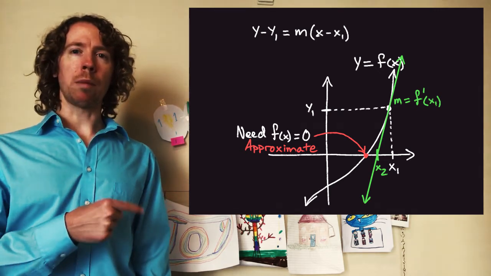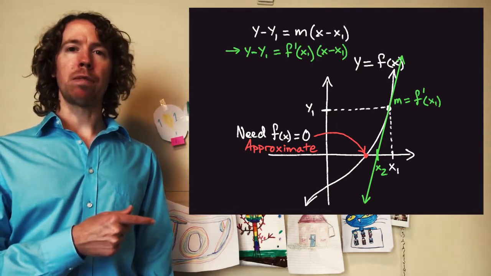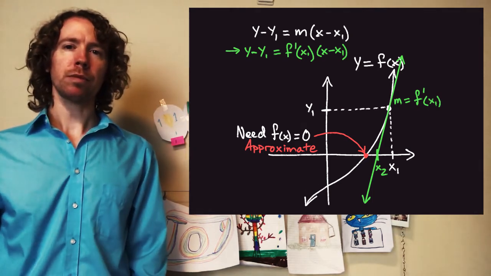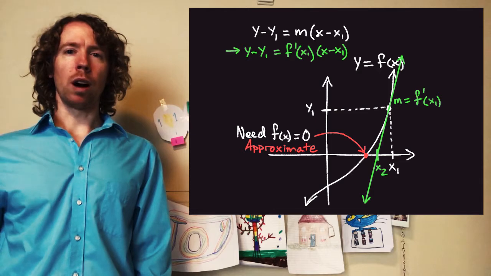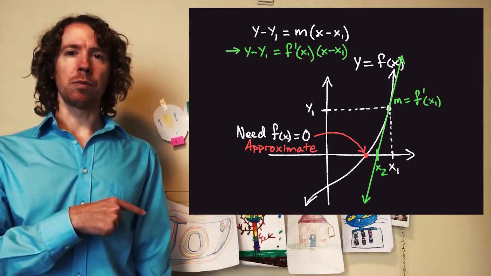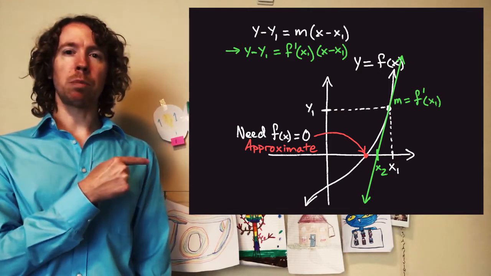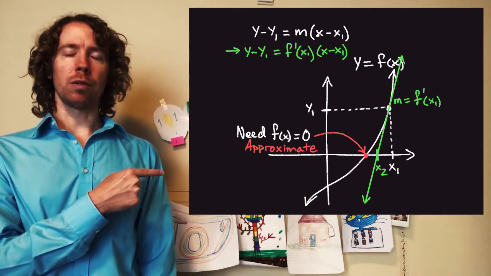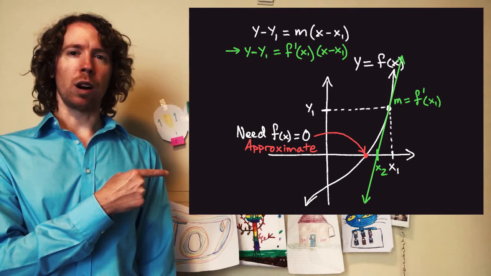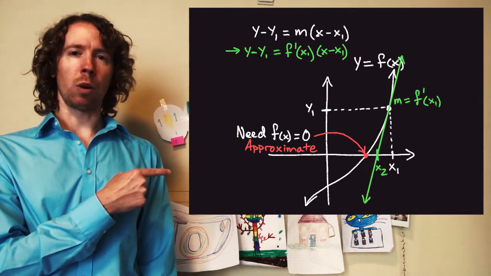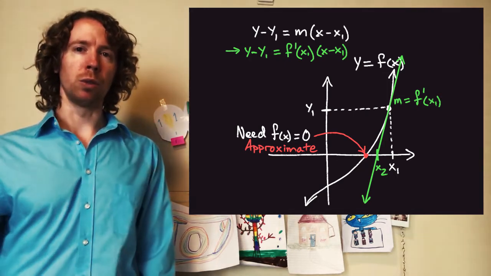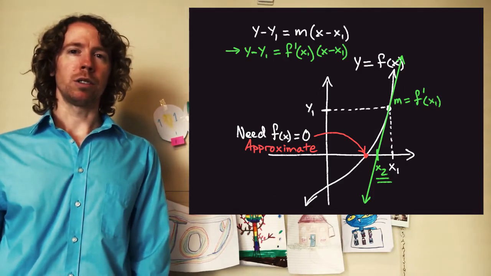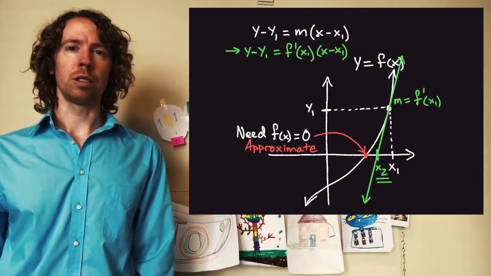So we've got y minus y1 equals f prime of x1, that's the slope, times x minus x1. And now on that tangent line, we want to see the exact point where y is equal to 0. Let's call the x value on that tangent line where y is equal to 0, x2. So x2 will be our second approximation to the actual solution.